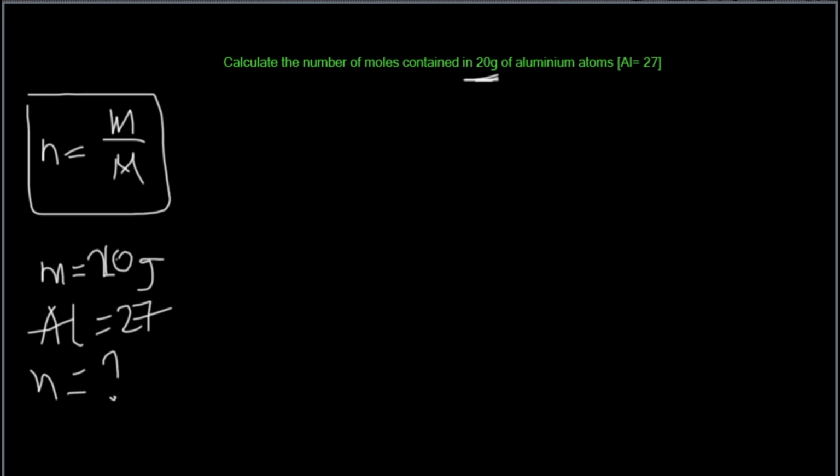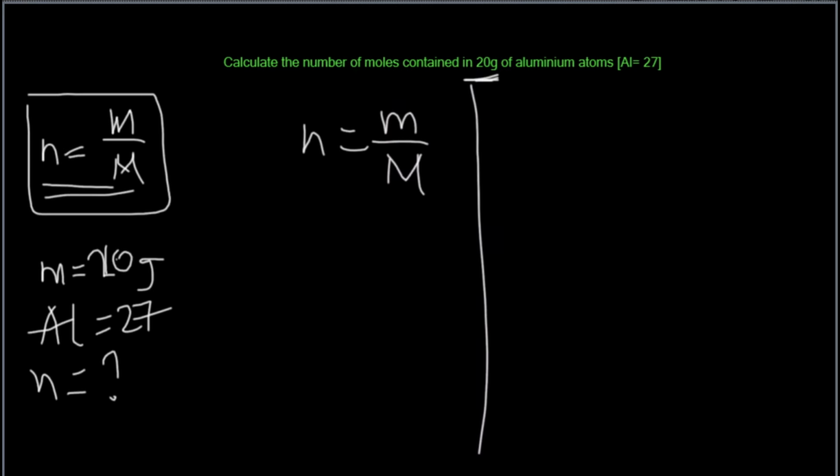All right. So from this formula, we know that N equal to mass over molar mass. Okay. So let's take them one by one. Mass is 20, and molar mass here is equivalent to the relative atomic mass because for aluminum atom you only have one aluminum.